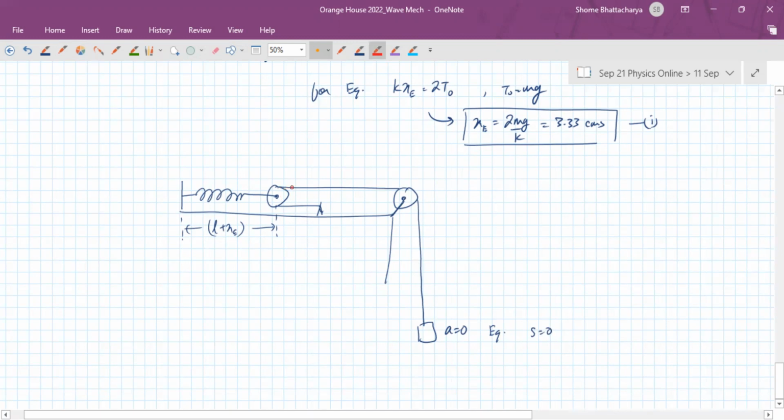Now from here, let us say the spring has got like this. So the block has, this is now L plus x, where x is xc plus s. You can see that if this makes a displacement of s, then this displacement here will be s by 2.